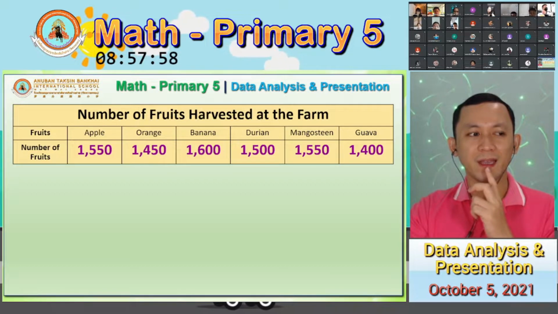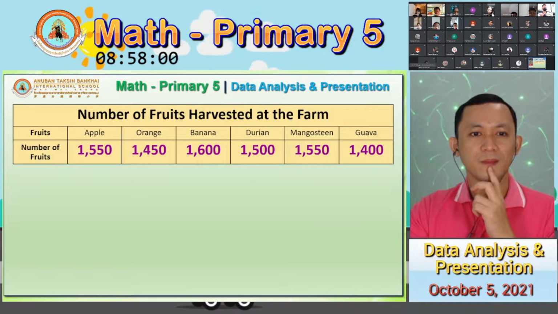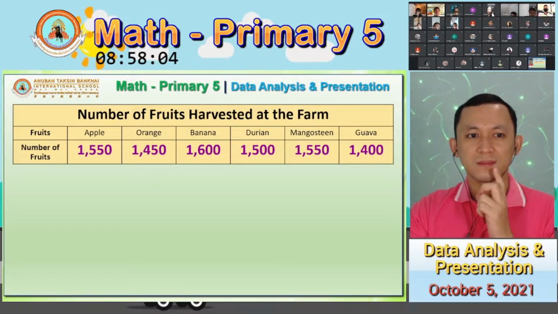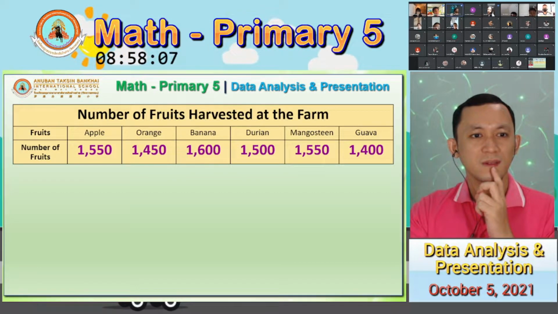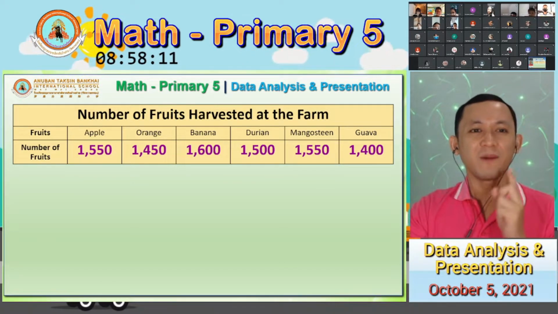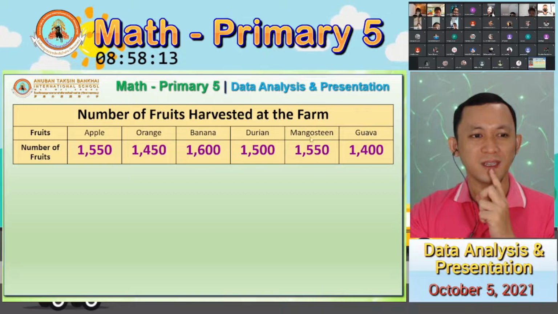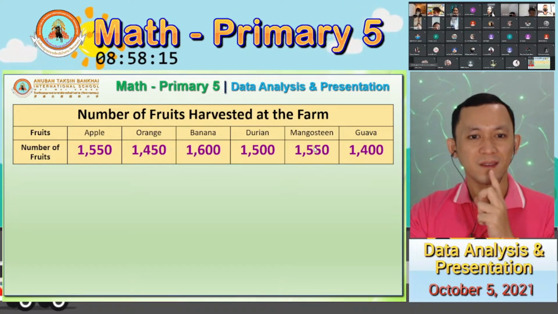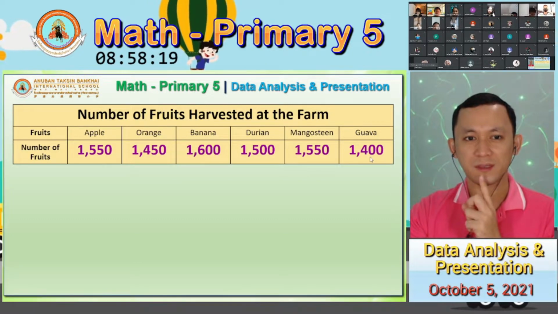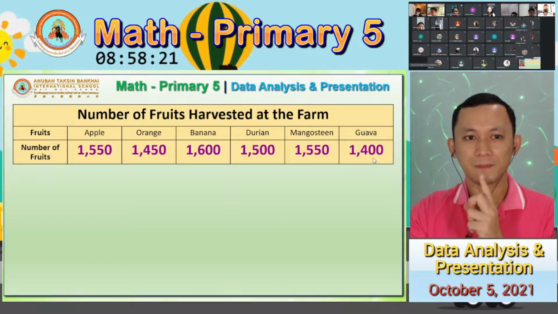Banana, how about banana? How many? 1,600. Durian. 1,500. Oh, 500? 500. Okay. How about mangosteen? 1,550. And guavas. How many guavas? 1,400.